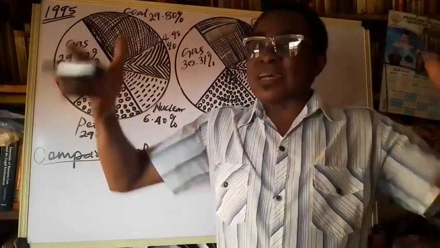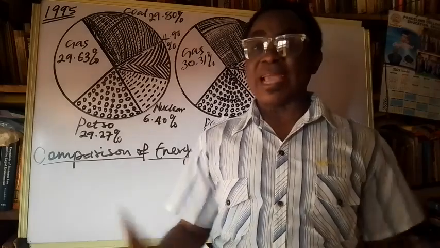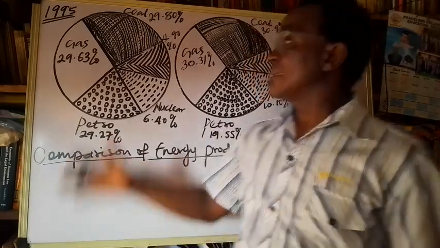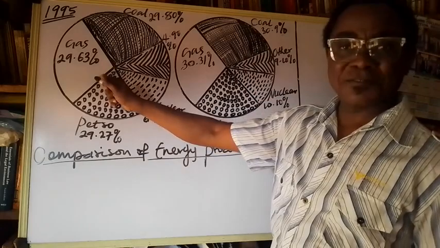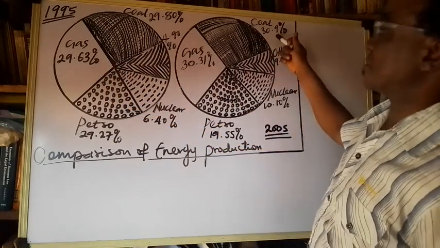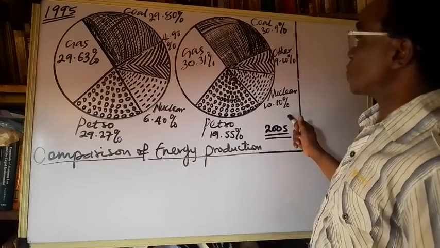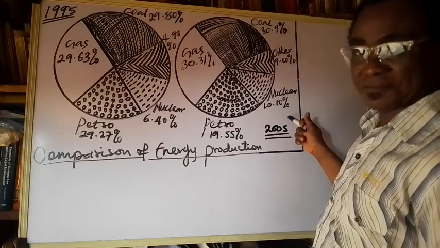So overall, we notice that gas and coal production accounted for more than half of energy production in 1995 and continued to do so in 2005.